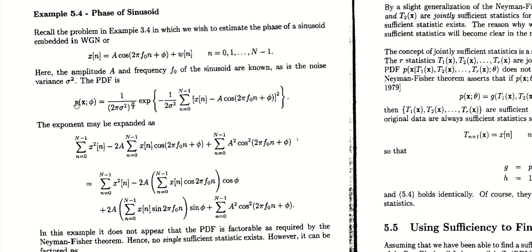Okay, so if we write a PDF, then it has to be p of x and phi equal to a Gaussian distribution. You write it out, right? This is a Gaussian distribution with this term as the mean. Let's stop for a few seconds and think about it.